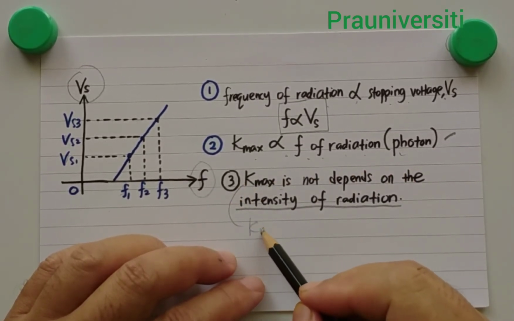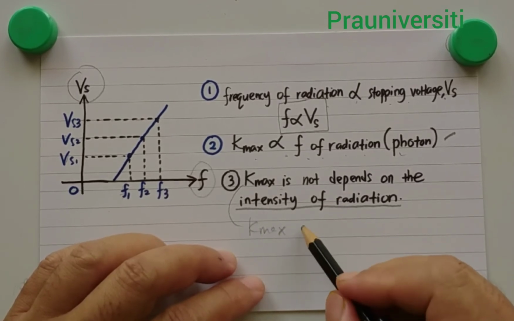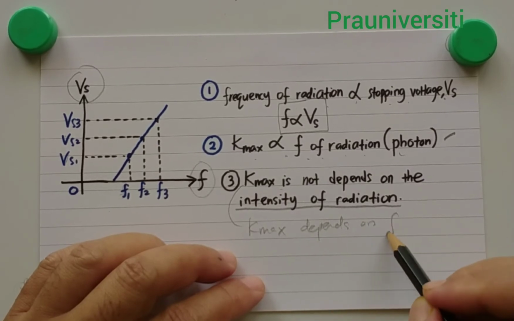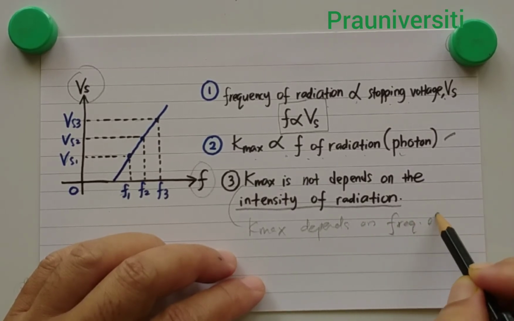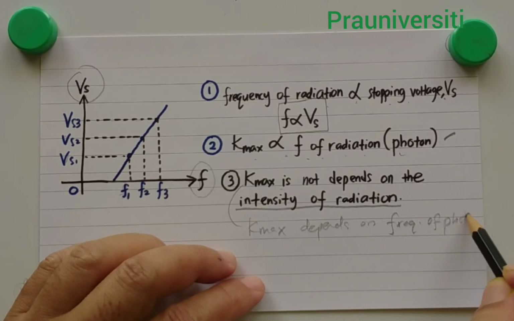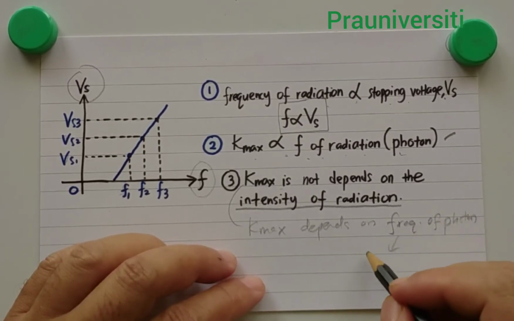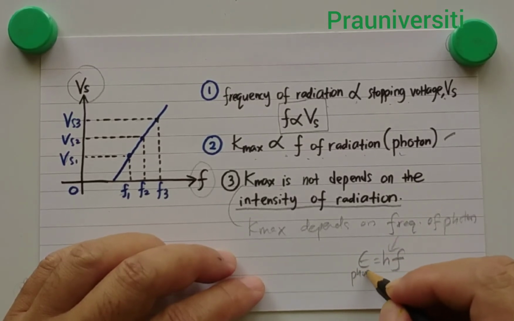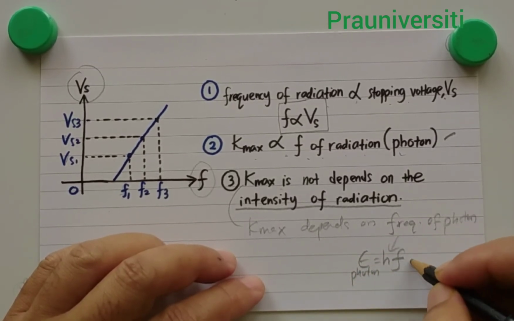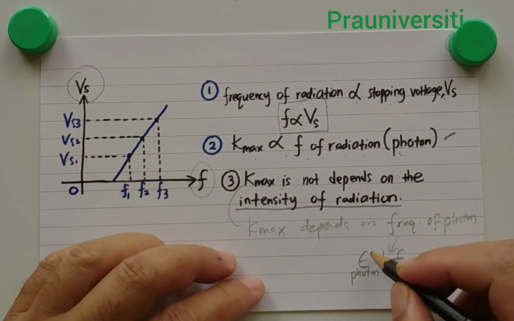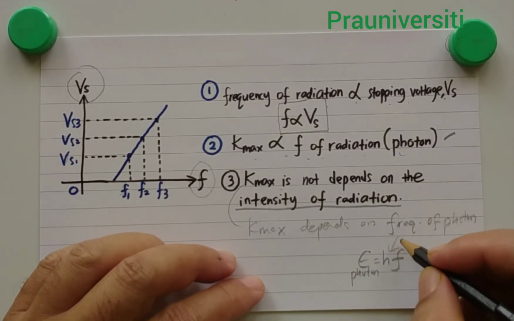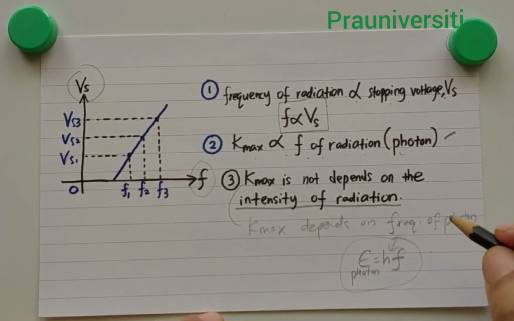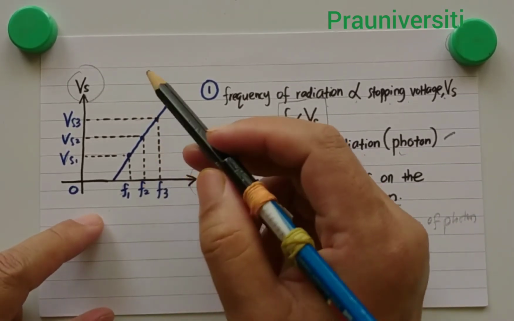K maximum depends on the frequency of the photon. When we change the frequency of the photon, we change the energy of the photon, which can be calculated by this equation. Clear? So that's why we have the graph here.